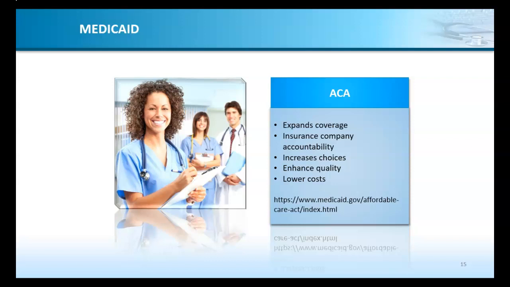Also, ACA seeks to enhance the quality of services provided under Medicaid and lower costs of Medicaid so that recipients can comfortably afford any care related to their health care. Lowering overall healthcare expenditures was the goal of ACA. More information about that can be found at this website here.